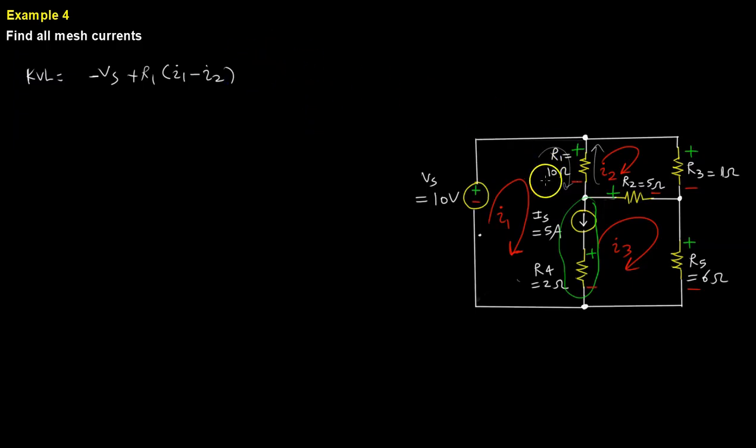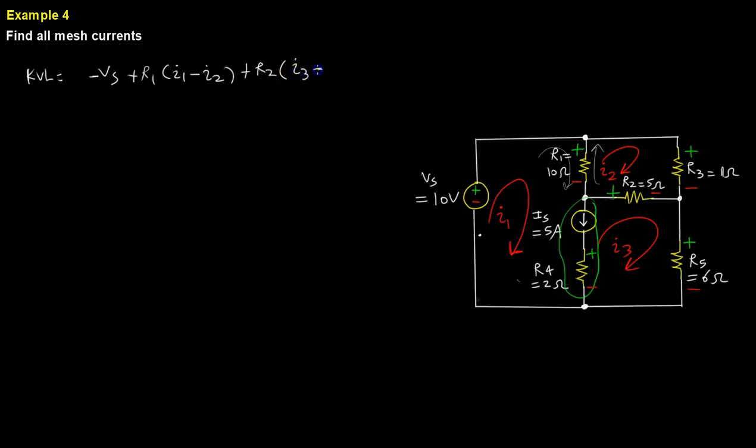So long as we're consistent. So I1 minus I2, we continue and we're going to see a plus R2. Now the current is going to be I3 minus I2 for the same reason, since I3 is going in the same direction as the passive sign convention.